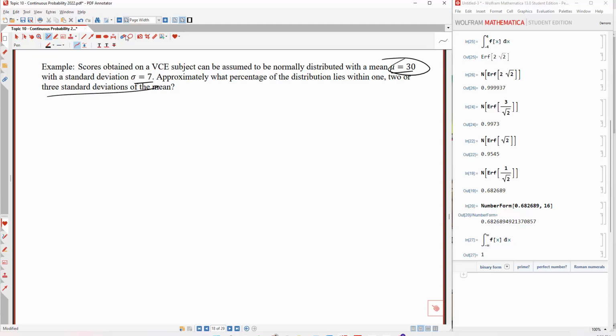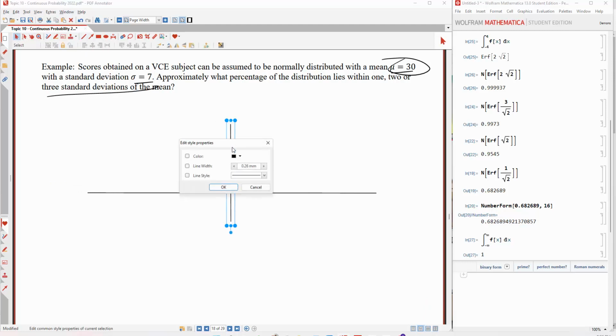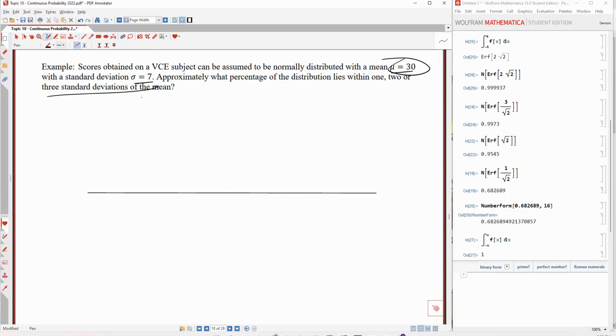All right, so what we'll do is we'll just quickly draw this. So here are my axes. Well, I probably shouldn't put the x-axis on there. Actually, I'll get rid of this. Right, and all I'm going to do is plonk the mean, which is 30. 1, 2, 3 to the right, 2, 3 to the left.